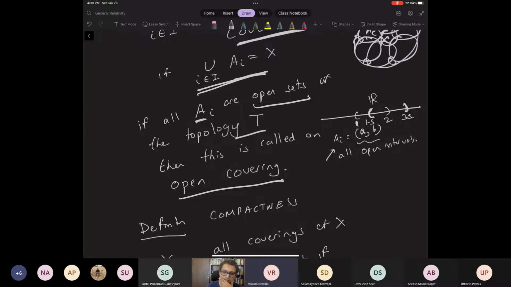Maybe the set X itself. Yes, the set X itself is an open set, and the union of X with itself covers the entire set. So indeed, X by itself is a covering of itself.